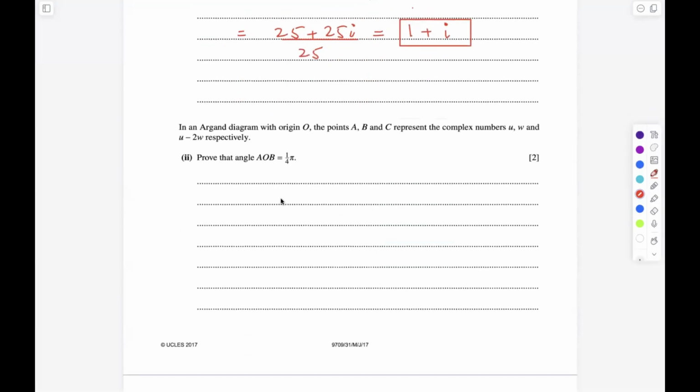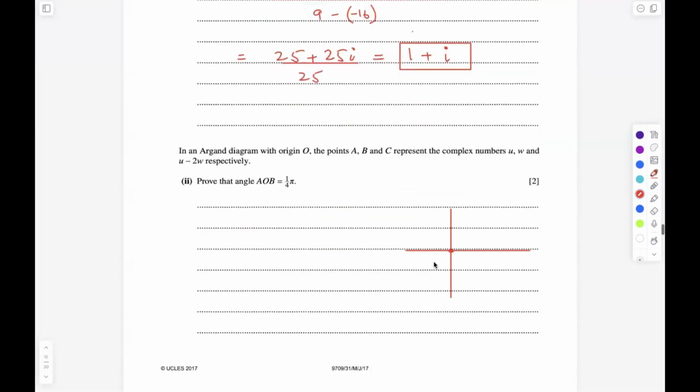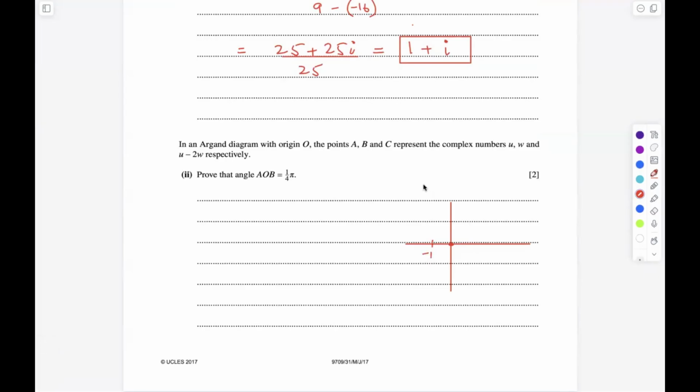In part 2, we have to prove that angle AOB is equal to 1/4 pi, where O is the origin, A is represented by u, and B is represented by w. Now, to understand this, first we'll try and sketch this on an Argand diagram. So this is the origin. u has the coordinates -1 + 7i, so we can put it over here, and this is u.